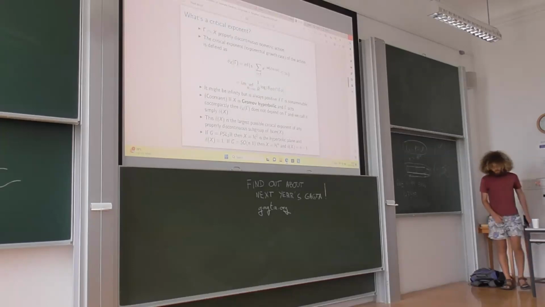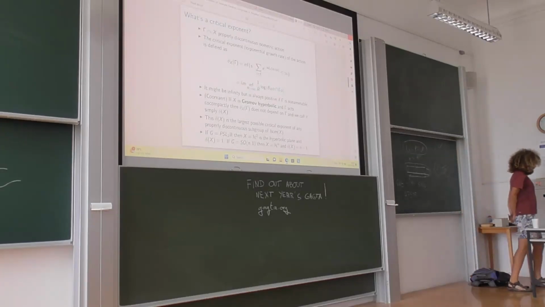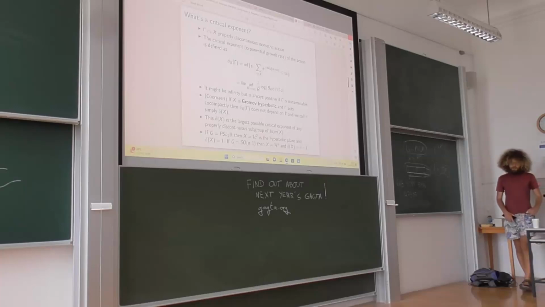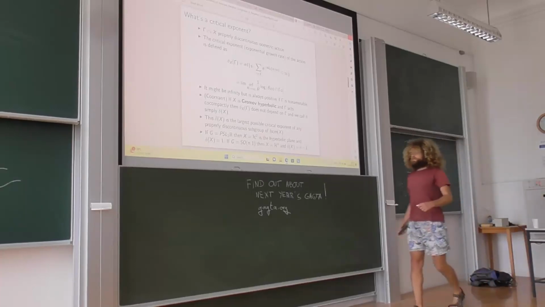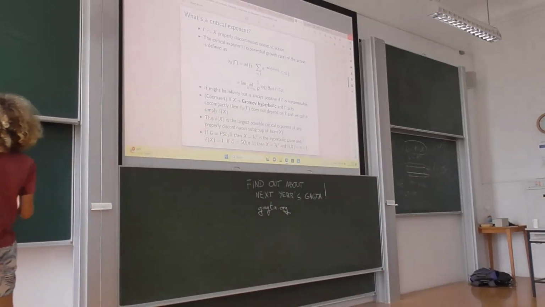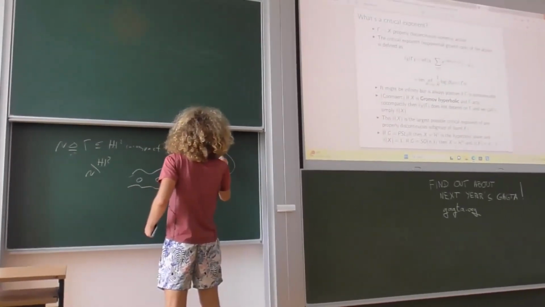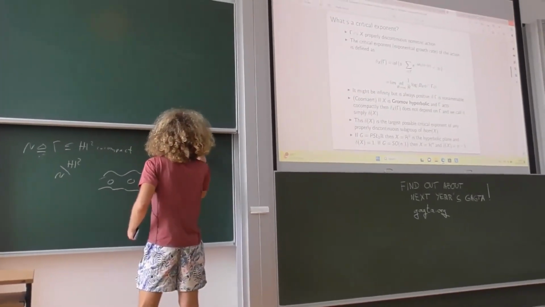If you have an action on a symmetric space, you can define the critical exponent as the exponential growth rate of the number of orbit points in a ball. You take some big ball and look at how many orbit points are in it.